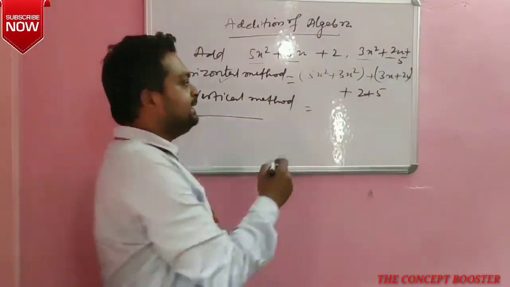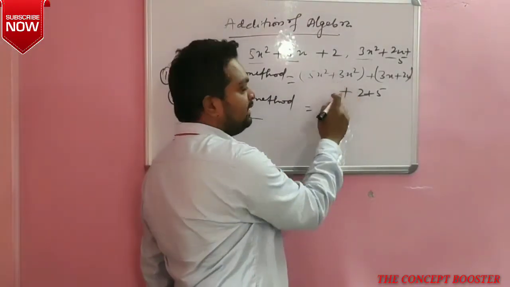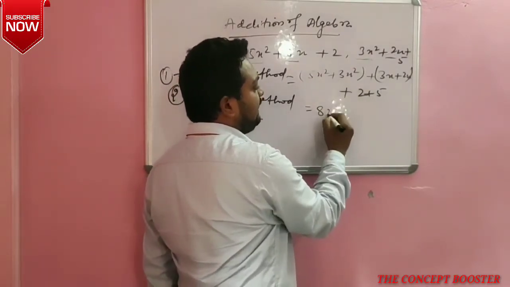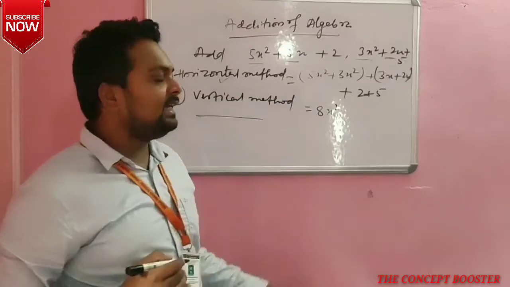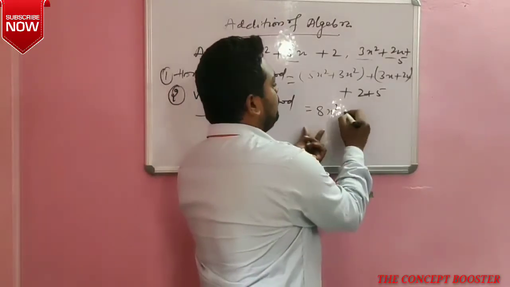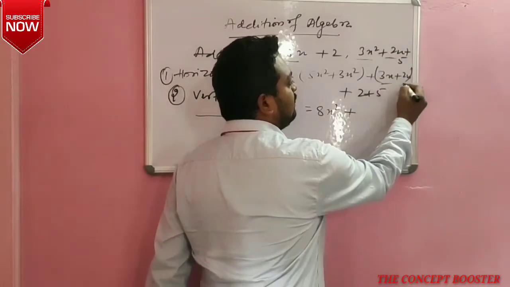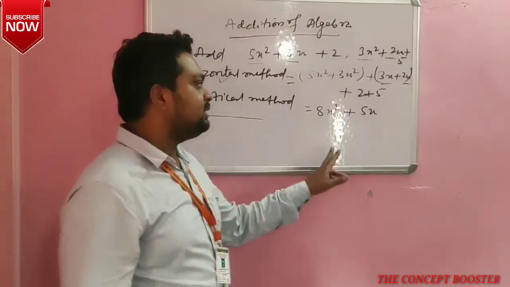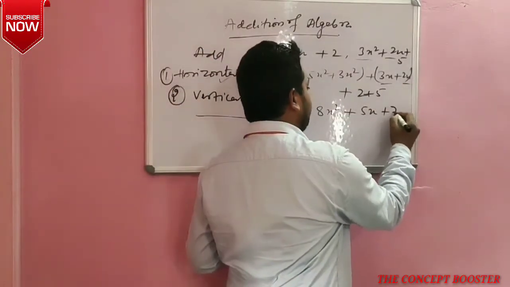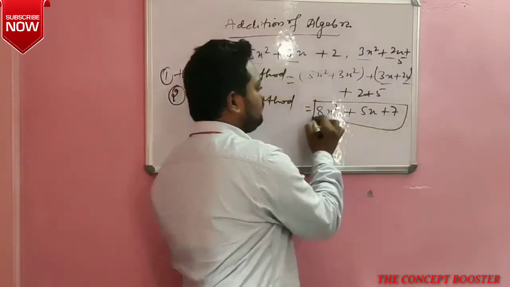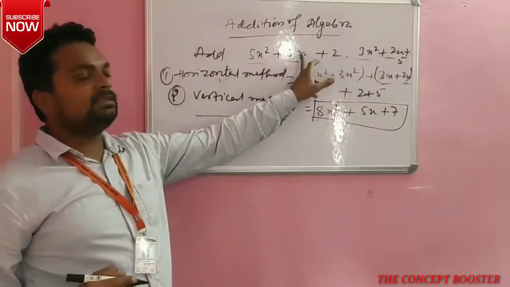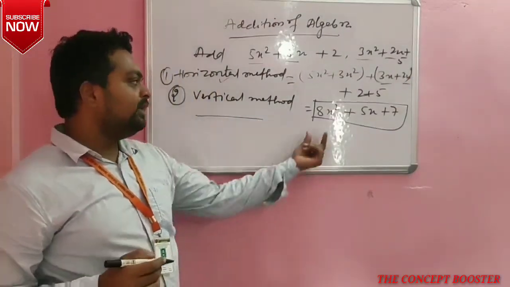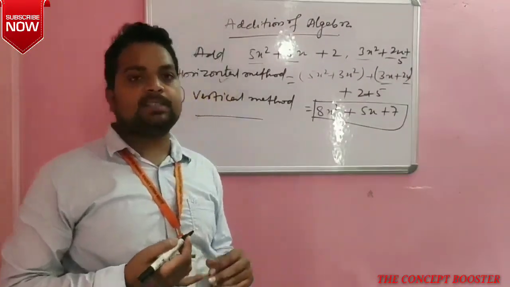5 plus 3 is 8, so add number to number and the variable will remain the same. So 5 plus 3 is 8 and x square, so this is 8x square. Now 3 plus 2 is 5, so 5x, and the next one is 2 plus 5, 7. So on adding these two expressions, 5x square plus 3x plus 2 and 3x square plus 2x plus 5, we have 8x square plus 5x plus 7.